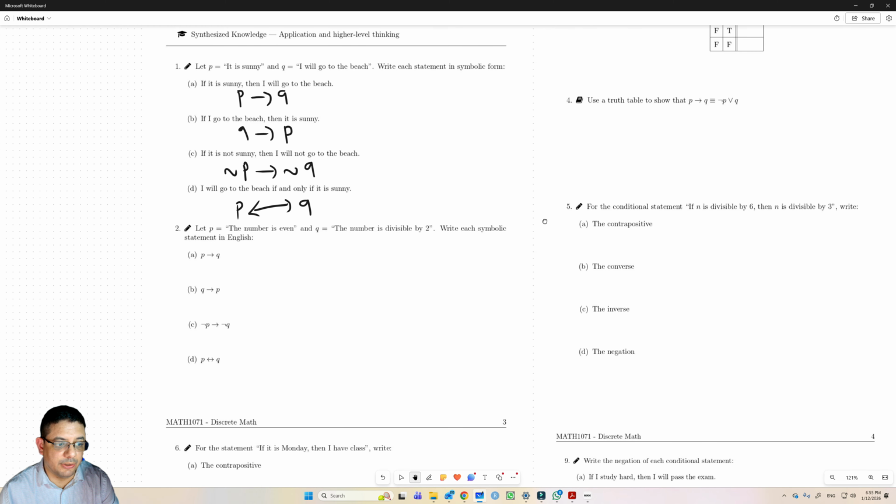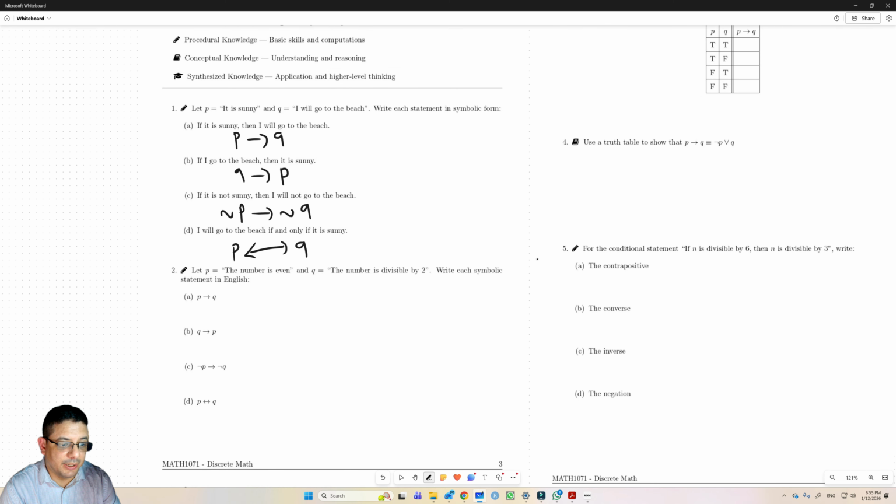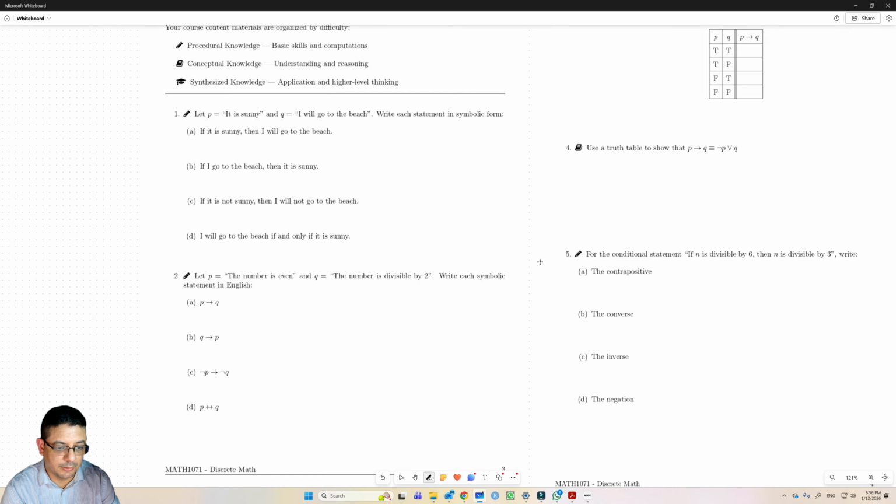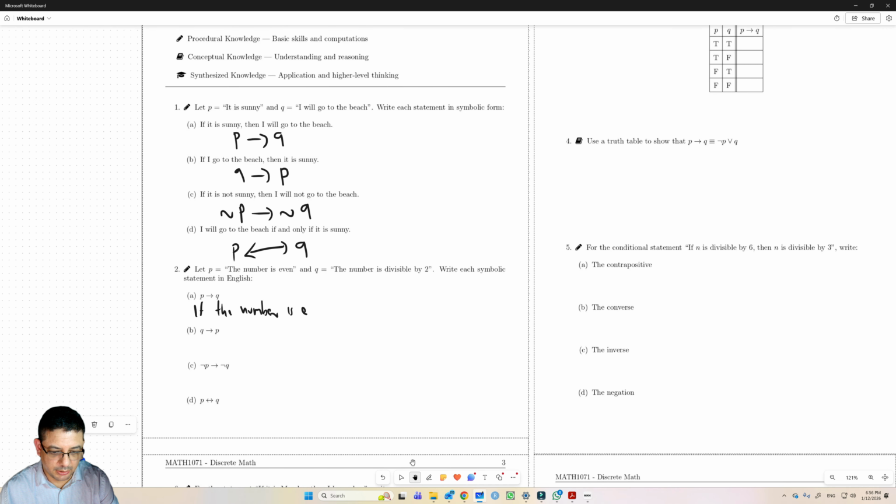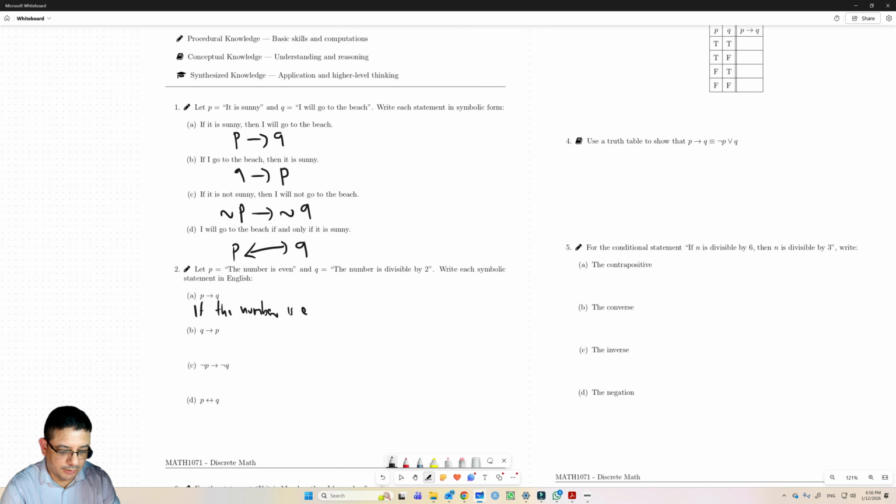Now for question number 2, we're going to do the opposite. We have the number is even as P, and Q will be the number is divisible by 2, and we want to write each of these statements in English. So P implies Q will be: if the number is even, then the number is divisible by 2.